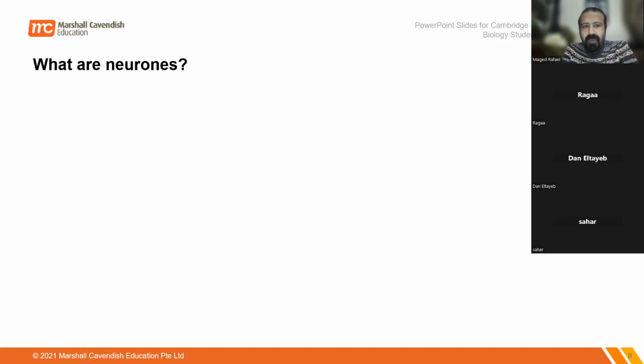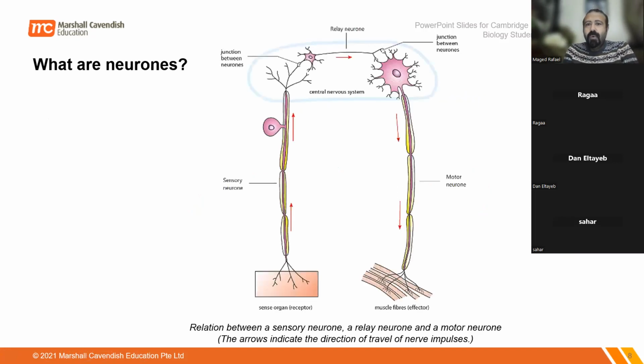Okay, great. Welcome. So we need to check the difference between the types of neurons here. This is something easy to differentiate based on the structure. As you can see, kids, we have three types of neurons. What are they?